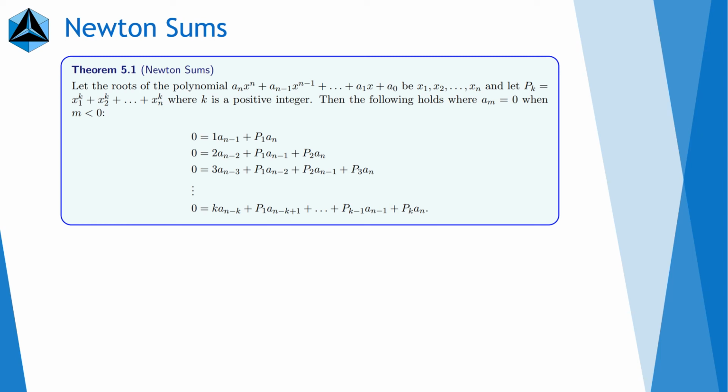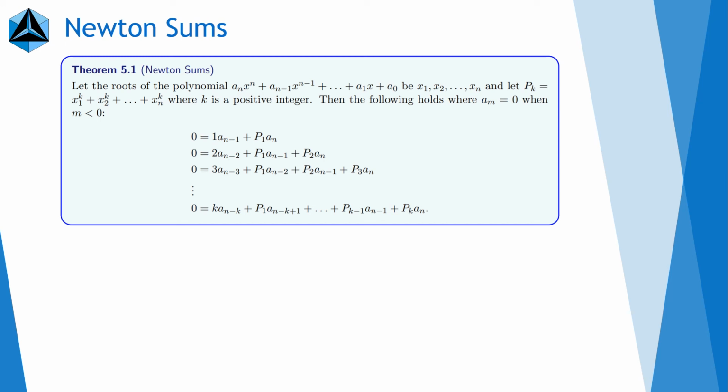So basically just the sum of x to the kth power. Then the following holds, where we let a sub m equal 0 whenever m is less than 0. So basically the coefficients of all the negative terms are 0 for obvious reasons.